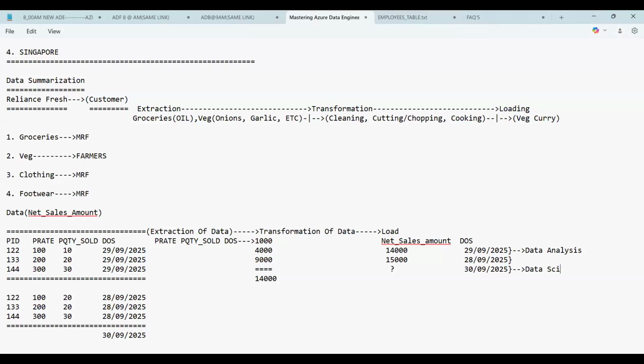Data science. So after the end of the process called data summarization, the process of data science will start from here.